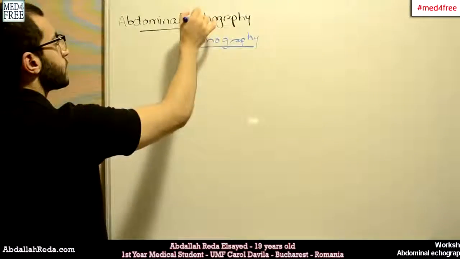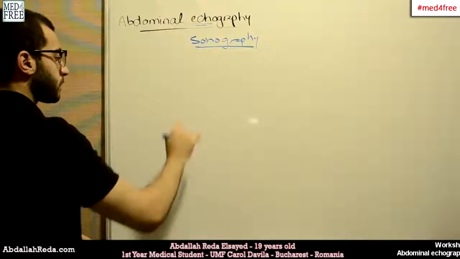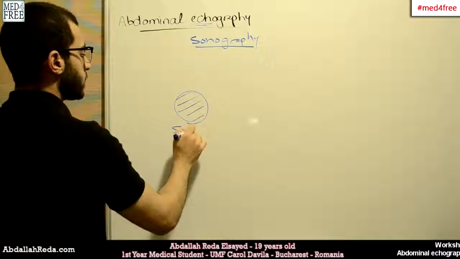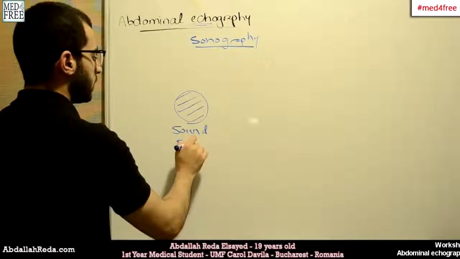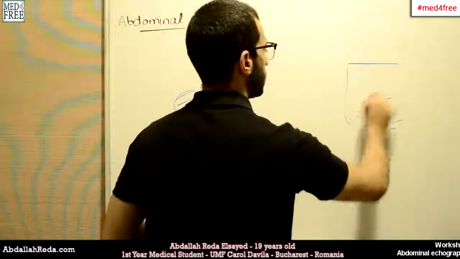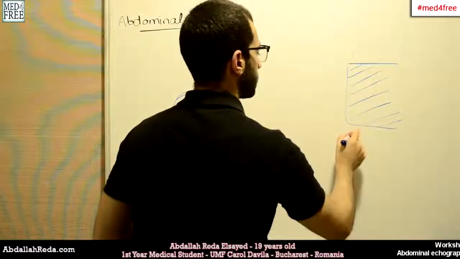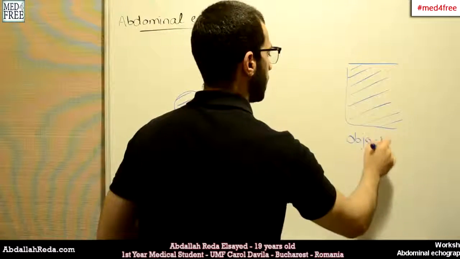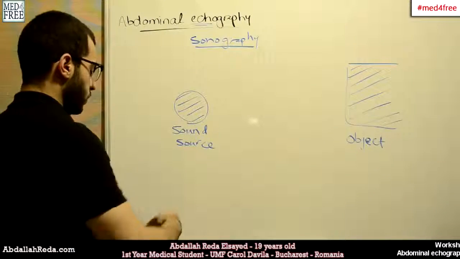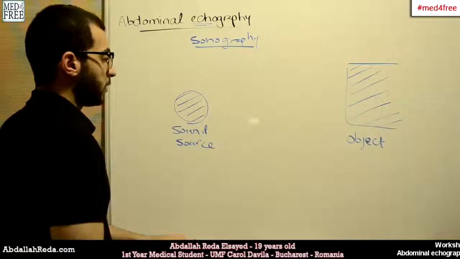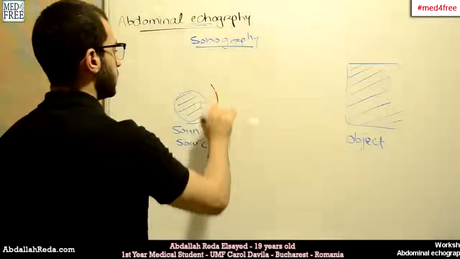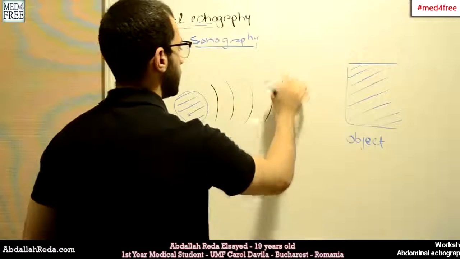The name comes from the echo. So if we have a sound source and we have an object, the waves emitted from the sound source will travel and cut the distance between the sound source and the object in a fashion like this.